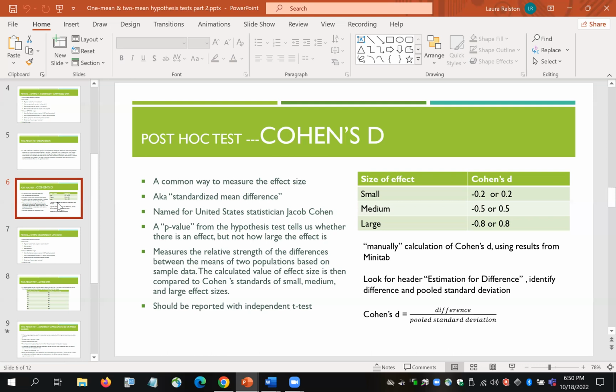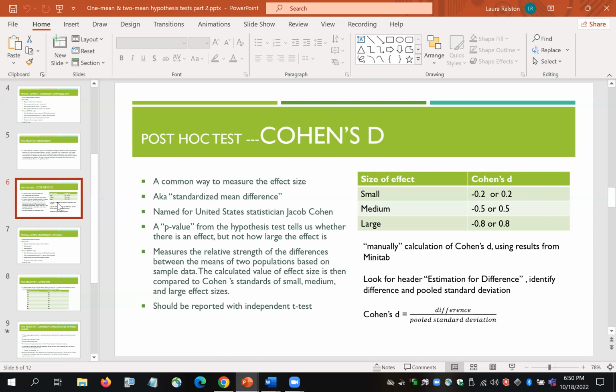It looks at the relationship between the two means and says, well, this is a weak relationship, or it's a strong relationship. Cohen set up some standards and he used the terms small, medium, large. I suppose you could talk about weak, neutral, strong. But it should always be reported with the independent t-test.